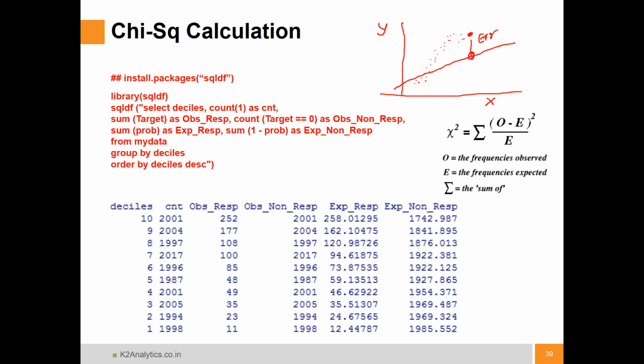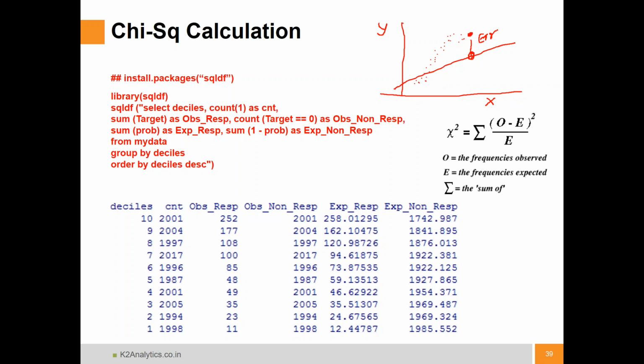And that's what chi-square test always tries to prove. The null hypothesis in chi-square is always that there is no difference between the estimate and observed. This is another way of putting the null hypothesis. And the alternate hypothesis is there is a difference between estimate and observed.